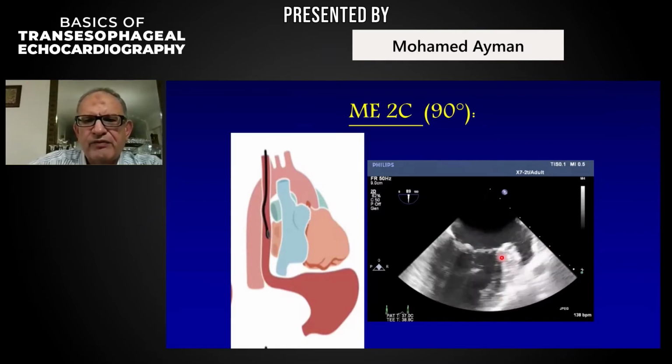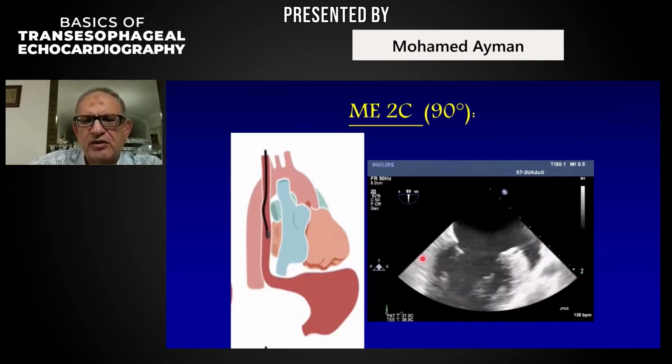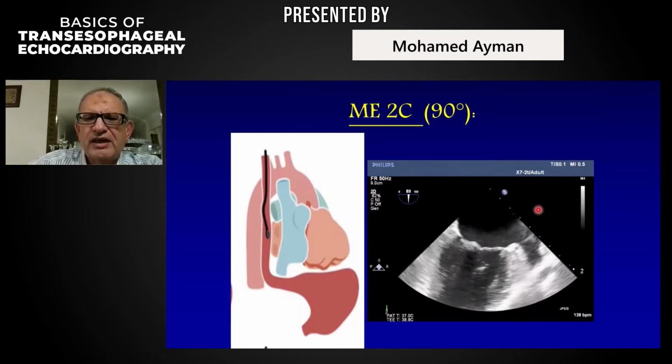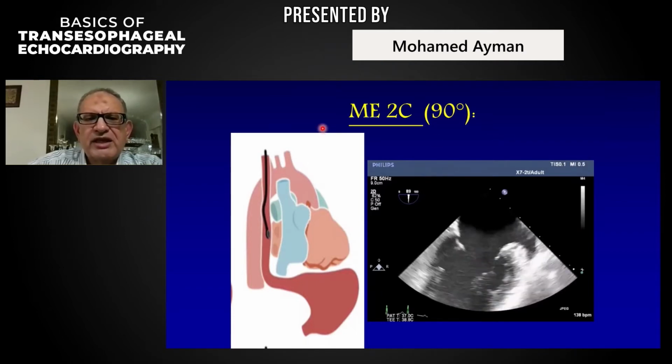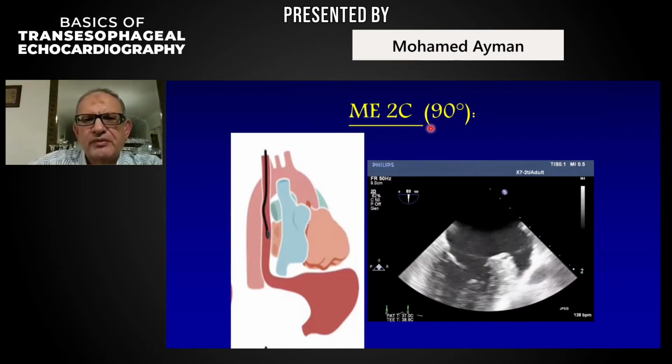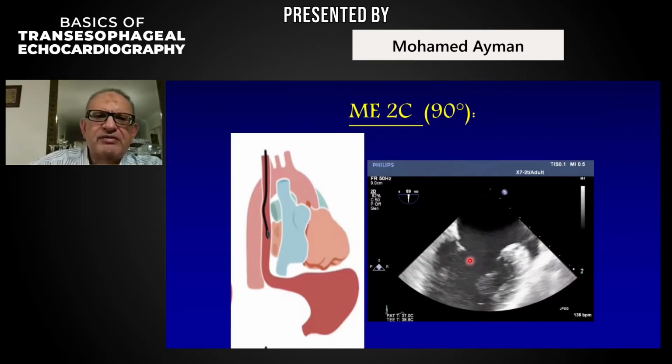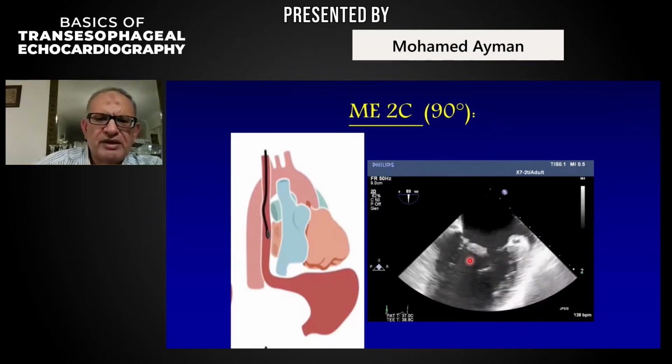Here we are focusing on the mitral valve and the left atrial appendage. These are the two main structures focused on in this view. So we can say this is a mid-esophageal, two-chamber, 90-degree view, focusing on the appendage and the mitral valve leaflets. This is how we comment.